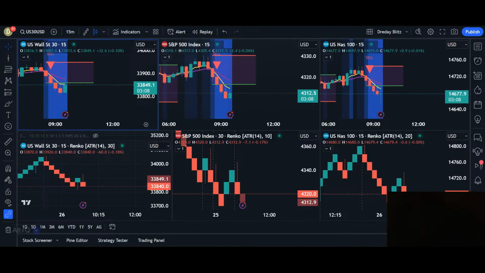Oh, okay. So the alert was in London. Okay, got it. And are you still in that trade right now, or you already took profit, or it touched your stop loss? Okay, GJ, London opening.